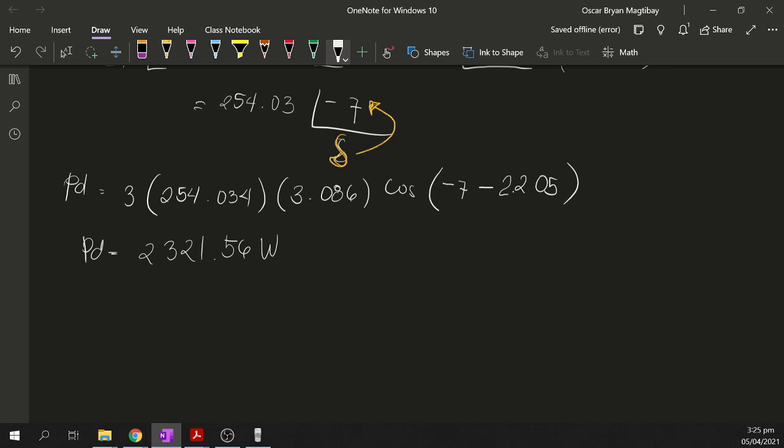Sir, ba't may power developed pa rin? Tandaan natin, umikot pa rin kasi yung motor natin. Nag-produce din siya ng back EMF, and that production of the back EMF resulted to this power developed. Tandaan natin, PD is the power developed at the armature. Ibig sabihin, yun yung umiikot na power within dun sa armature windings natin. Since nag-develop tayo ng back EMF, even though we have no mechanical load.